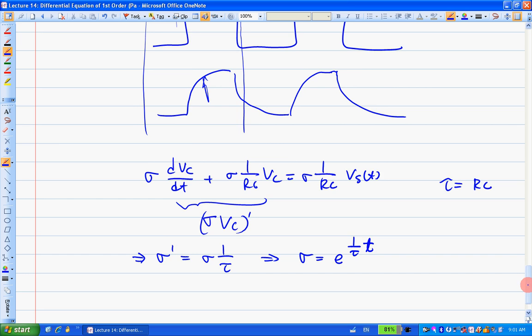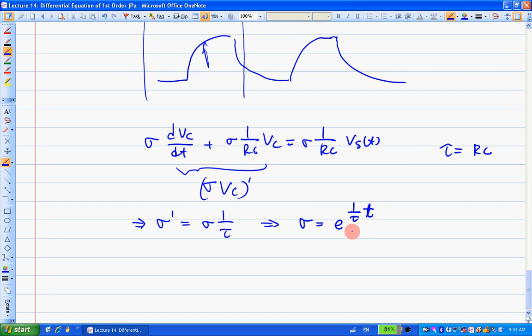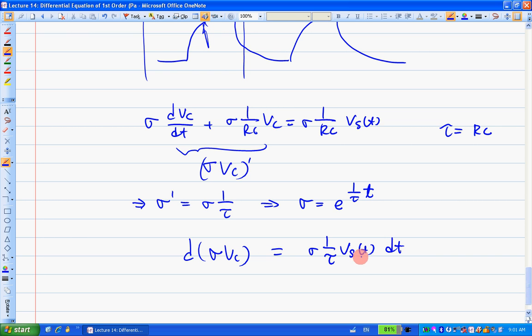Okay, so once I get my sigma, I'm solving for sigma Vc. This d of sigma Vc equals sigma times 1 over tau times Vs dt. Basically, I'm solving this one here.